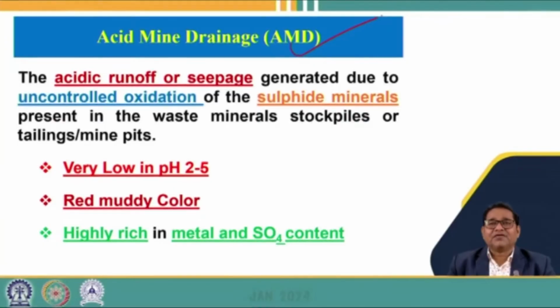acid mine drainage. So this acid mine drainage basically is the acidic runoff or the seepage which is generated due to uncontrolled oxidation of sulfide minerals which are present in the waste mineral stockpiles or tailings or in the mine pits or in the coal reserves.